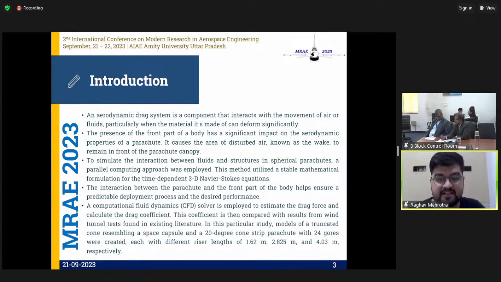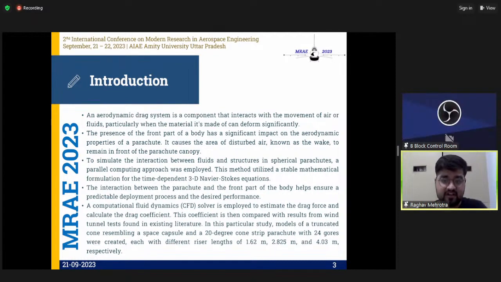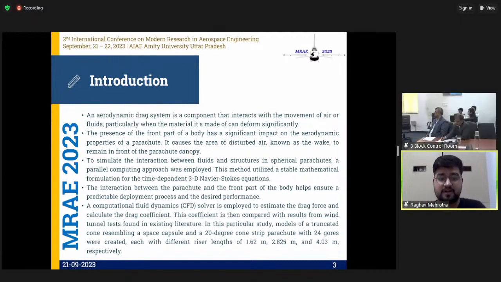An aerodynamic drag system is a component that interacts with the movement of air fluids, particularly when the material it's made of can deform significantly. So basically, what we are telling in the introduction is that the presence of the front part of a body has a significant impact on the aerodynamic properties of a parachute.